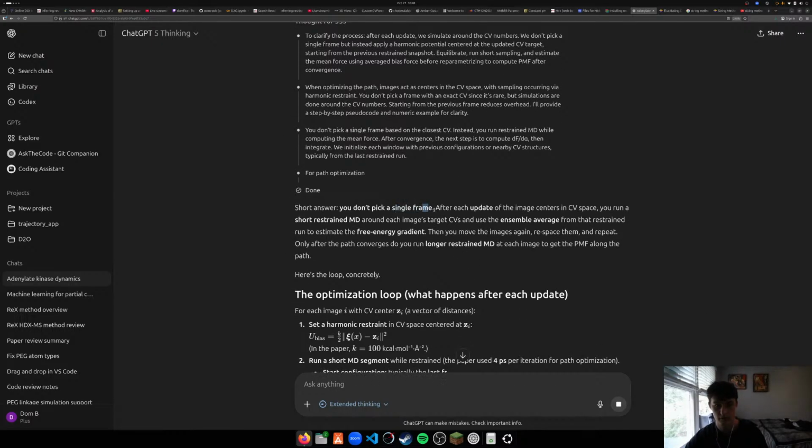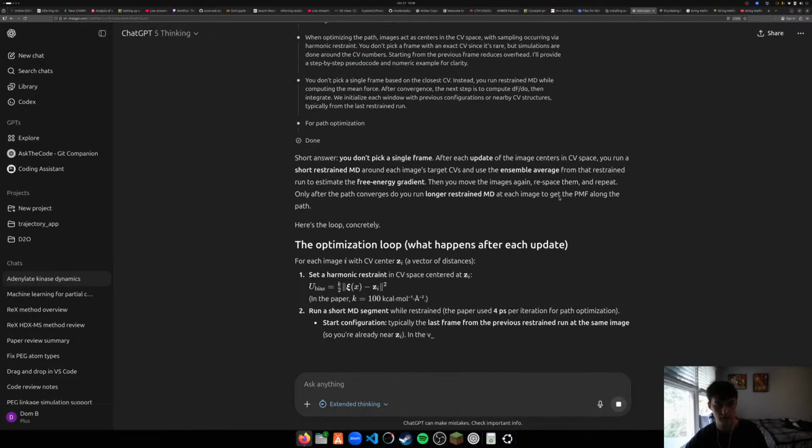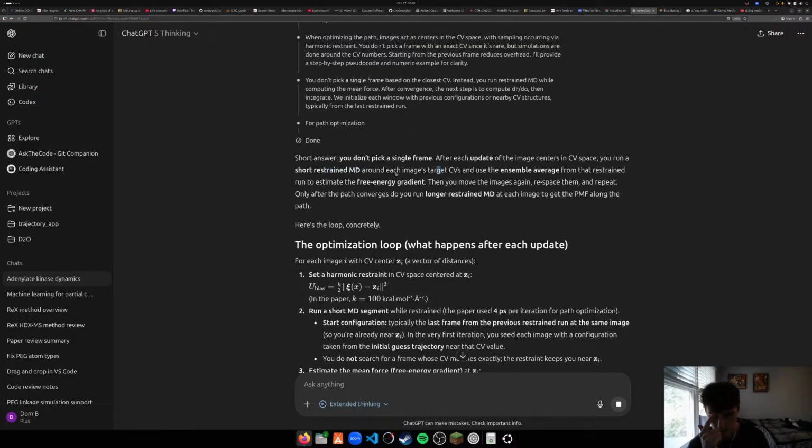You don't pick a single frame. After each update, image centers change in CV. You run a short restraint around each image's target CVs. You move the images again.